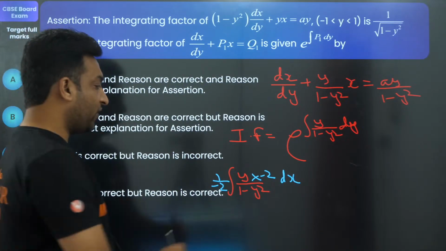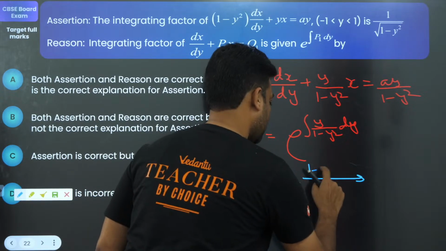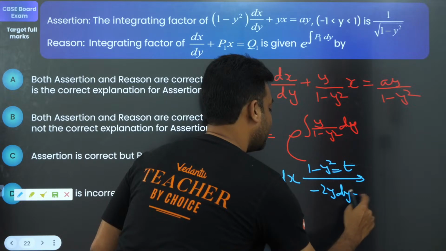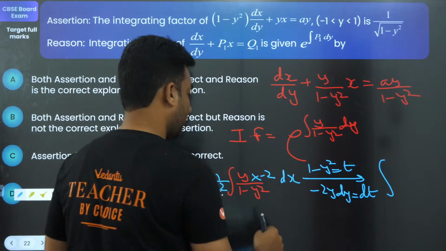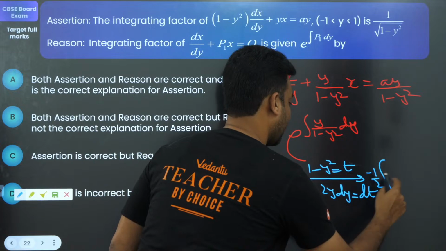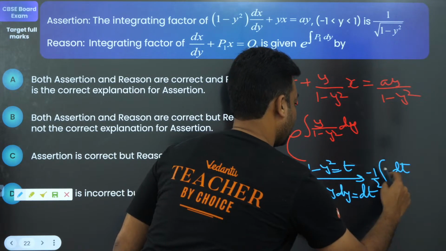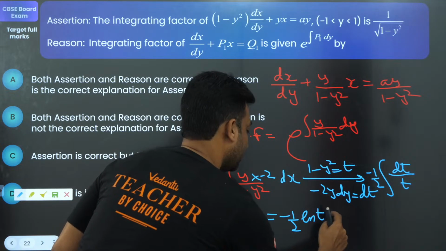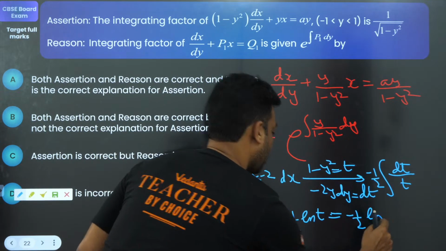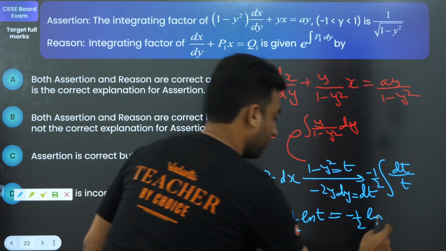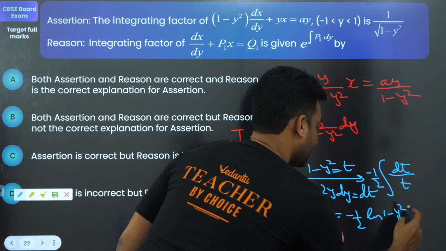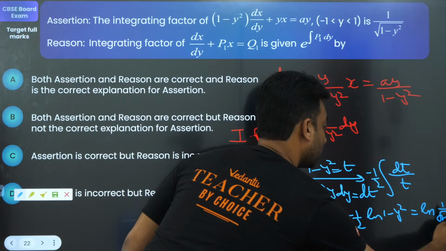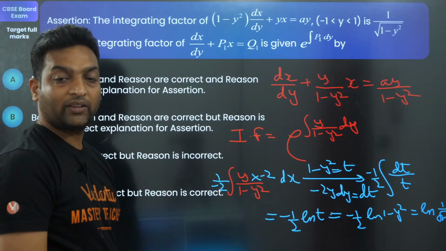So put 1 minus y square as t. Orally, minus 2y dy is dt. So this becomes minus half times dt by t, that is minus half log t, that is minus half log of 1 minus y square, which is log of 1 by square root of 1 minus y square.